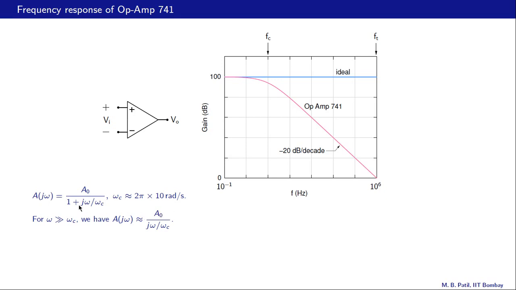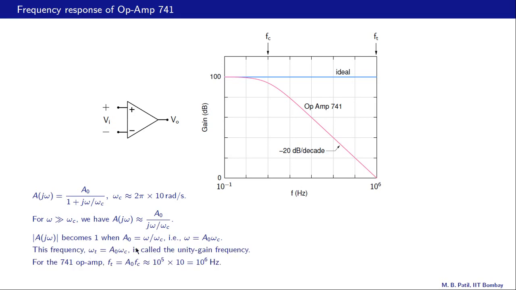And in that case, this 1 is small, and we get A of j omega equal to A0 divided by j omega by omega c. And note that the magnitude of A of j omega becomes 1 when A0 is equal to omega by omega c. That is when omega becomes equal to A0 times omega c.